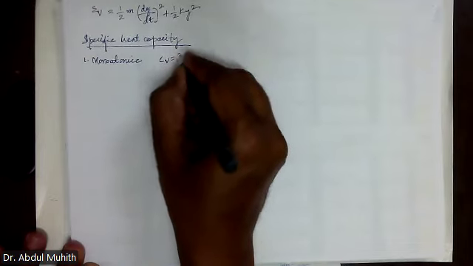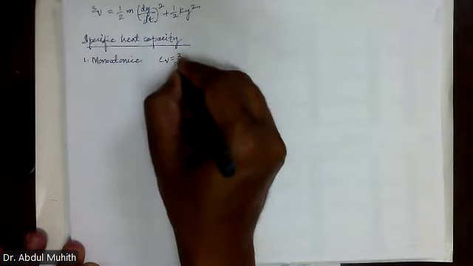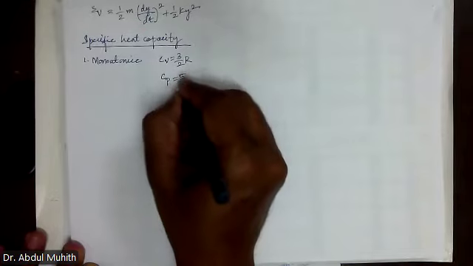Cv is equal to 3 by 2 R and Cp is equal to 5 by 2 R. You are using the formula Cp minus Cv is equal to R. So the gamma value for monoatomic is equal to 5 by 3.